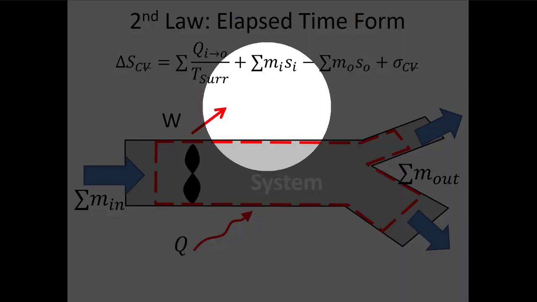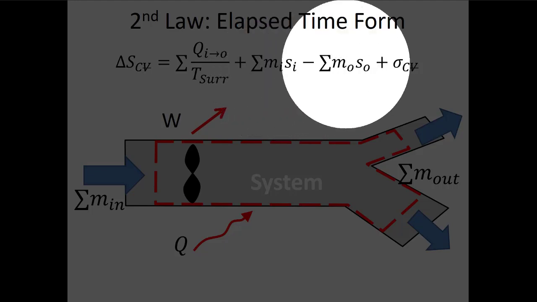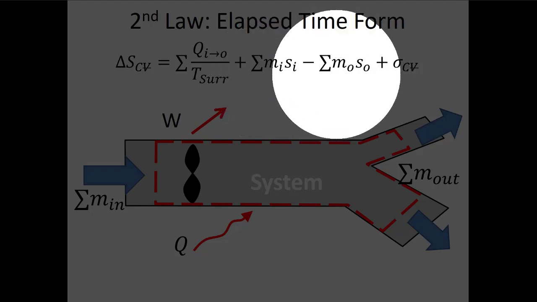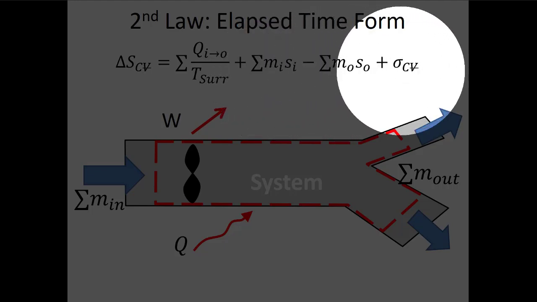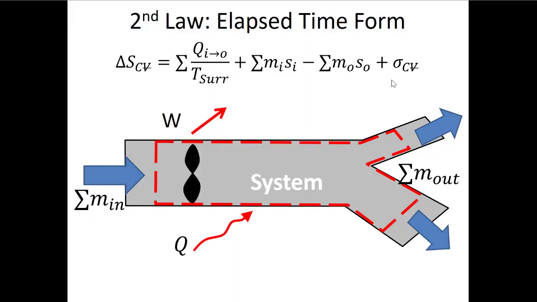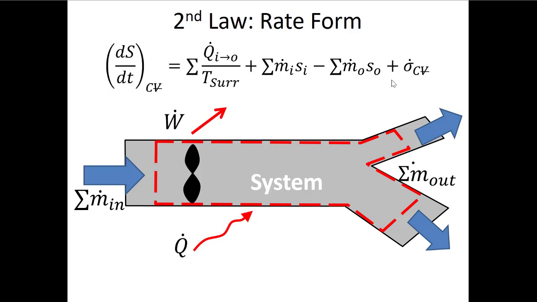And then we have to add up all the entropy that comes in with the mass, subtract all the entropy that goes out with the mass, and then we have to look at this entropy generation term. And one thing that we know about every process that happens in the universe is that it generates entropy. So this entropy generation term always has to be positive.